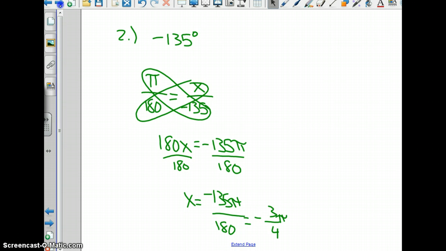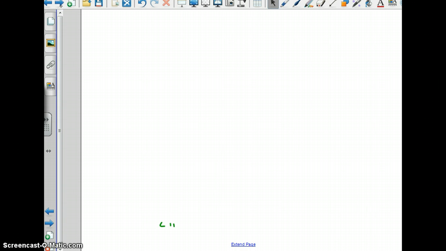So now we're going to go in the other direction here. We're going to switch between radians and degrees. So we're going to switch radians to degrees now. We're going to convert a radian measure to degrees. So when you do that, it's the same concept as before.